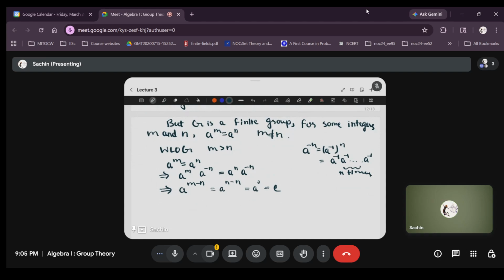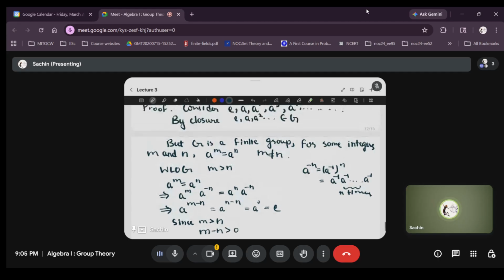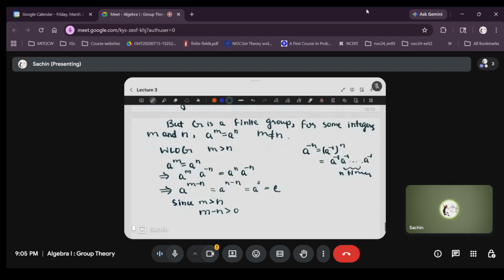And that's it. We have found an integer m minus n. Since m is greater than n, m minus n is a positive integer. So there exists a positive integer m minus n such that a power m minus n is e.